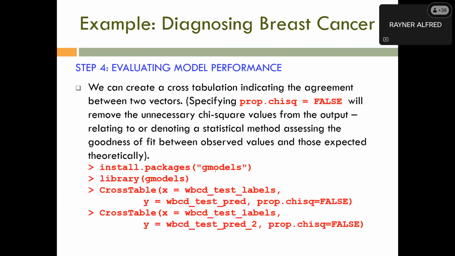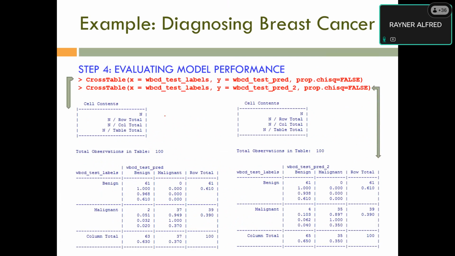Okay, so in order for us to display the accuracy, we have to plot the cross table. The cross table will give you the true positive and true negative table that we have. So we use the graphic model here. So this one will give you this table, and the second one will give you this table.